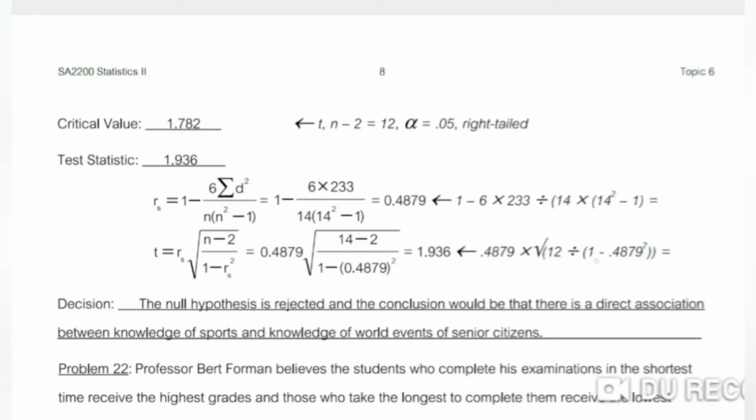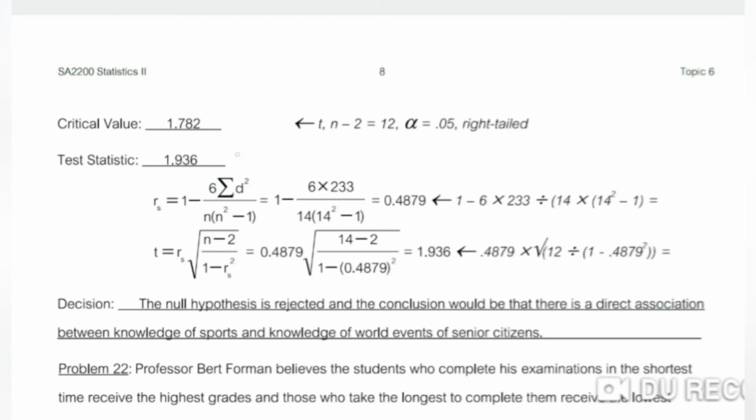If RS is negative, you must put the whole negative inside and square. Therefore, it is the same, since negative square or positive square is positive. So minus positive is minus. So take care about computation. Here you can make a mistake. If you write 1 plus 0.4879 square, then it is false. Okay, now you get the statistic 1.936.